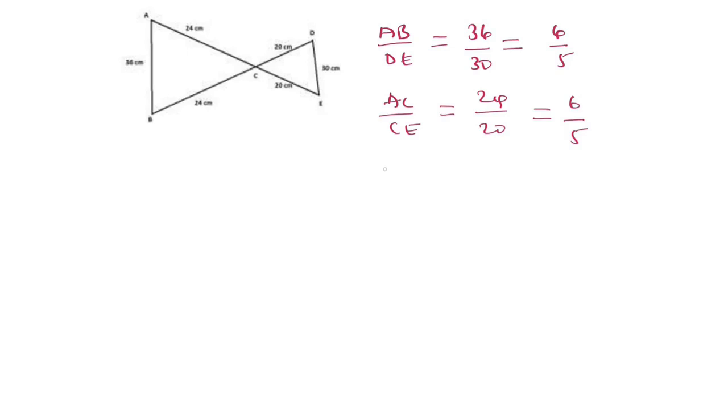And also side BC over side CD equals 24 over 20, which simplifies to 6 over 5. Okay, so from here we can see that since corresponding sides are proportional, triangles ABC and EDC are similar.